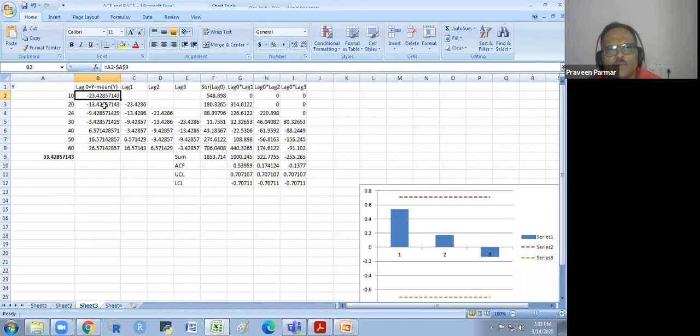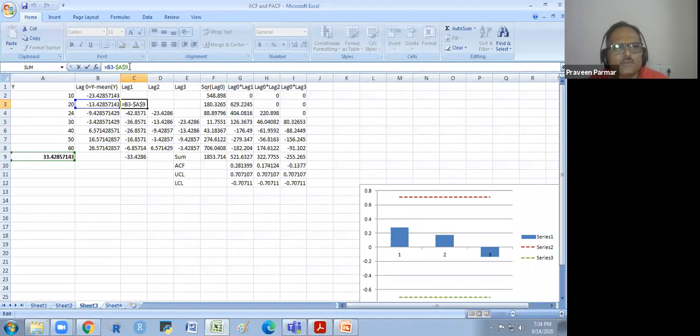Then I just copied this and pasted here. I copy with Control C and then paste. Here again I copy and paste.